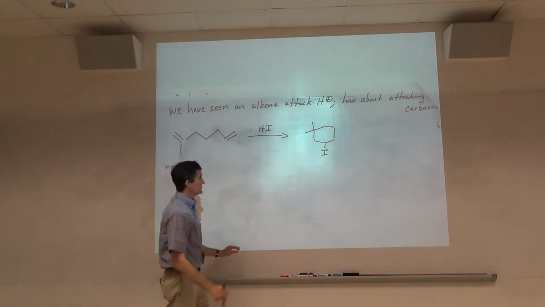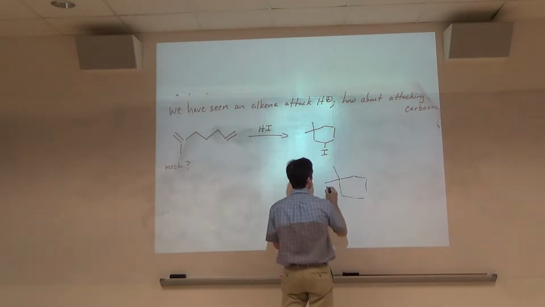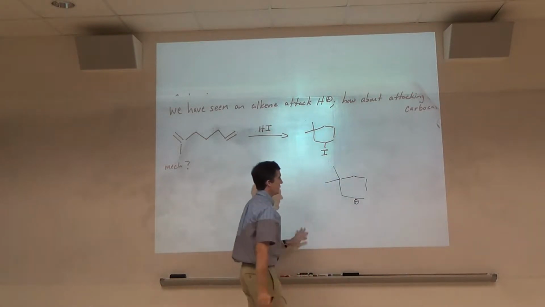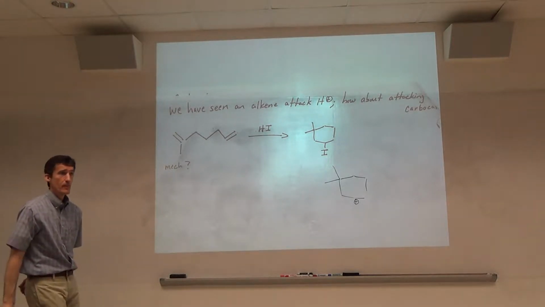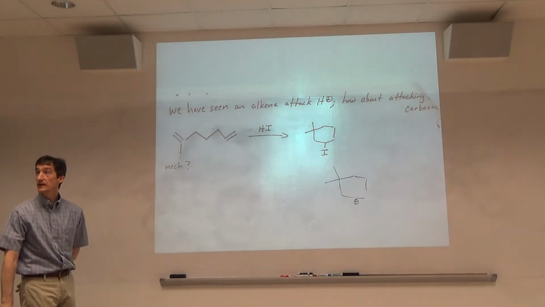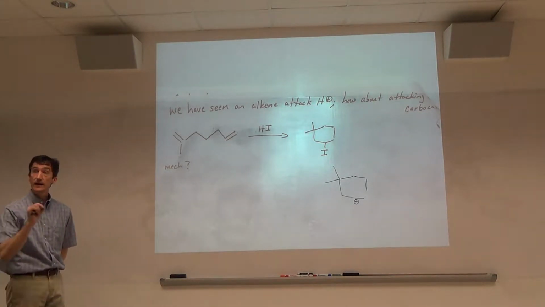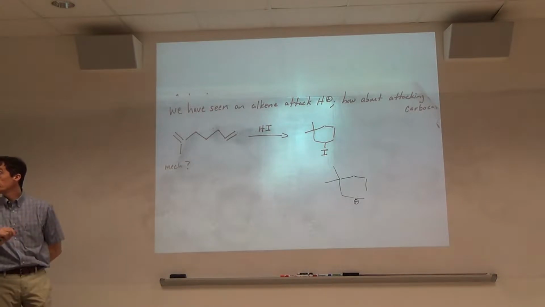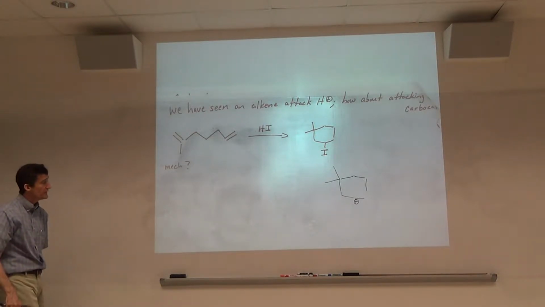Well, sometimes you can't start over here, as we've done. Would you like to make that carbocation? I would, because if I can make that carbocation, then I'm home free. All I have to do is have the I minus add to the carbocation, and that would give that product. How are we going to get there?